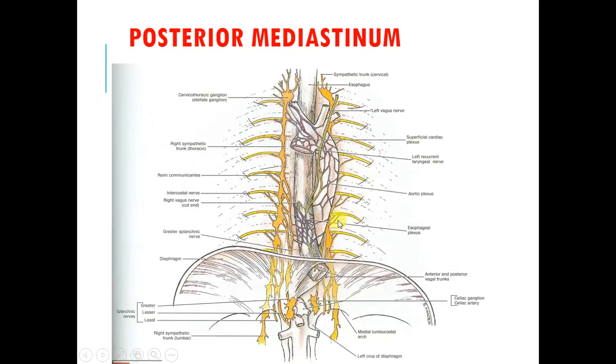Another diagram shows the structures in the posterior mediastinum: the esophagus with the esophageal plexus, and on both sides the sympathetic chain running down, and the vagus nerve forming a plexus over the esophagus, then entering into the abdomen to supply the abdominal organs, that is the stomach and small intestine up to the transverse colon. The vagus nerve supplies the abdomen.